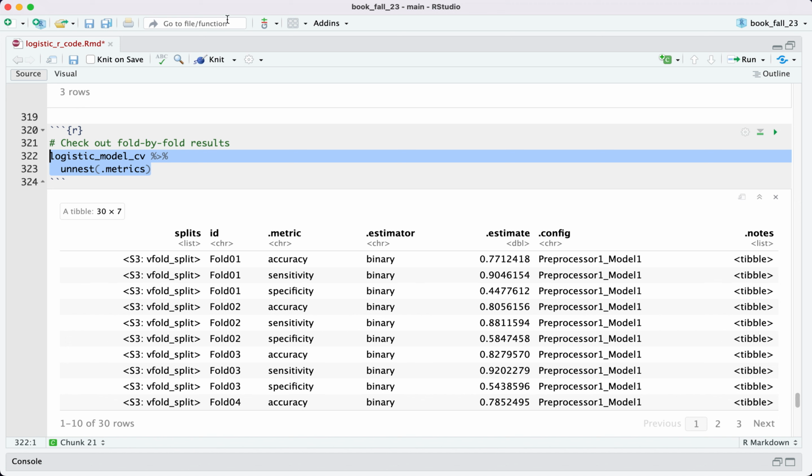There we go. So if I unnest dot metrics, I get the results for each fold. So when, for example, I built my model using folds 2 through 10 and I tested that training model on fold 1, I get the accuracy, sensitivity, and specificity corresponding to that step.